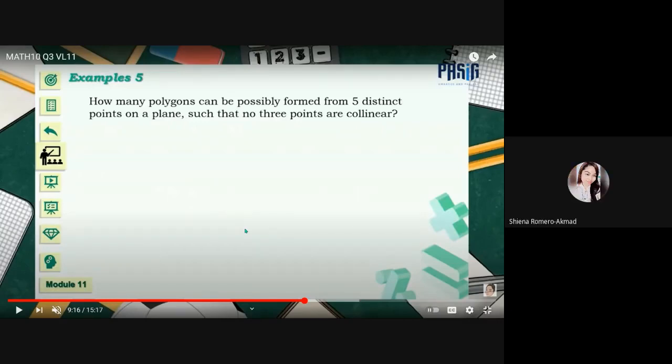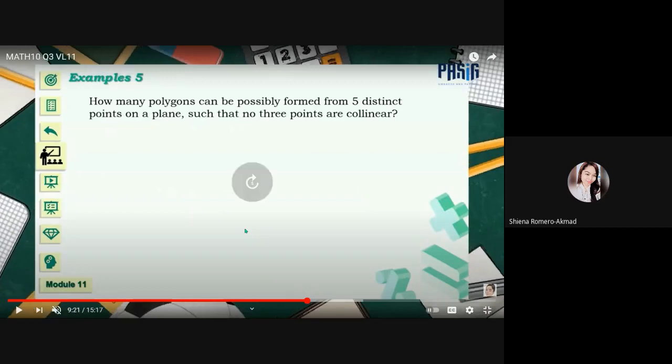And dahil 5 lang yung points na meron tayo, so yung tatlong shapes na yon or kaya naman polygons na yon yung pwedeng ma-form. So we have 3 sides which is 3 points, which is triangle, 4 points quadrilateral, and 5 points yung ating tinatawag na pentagon.